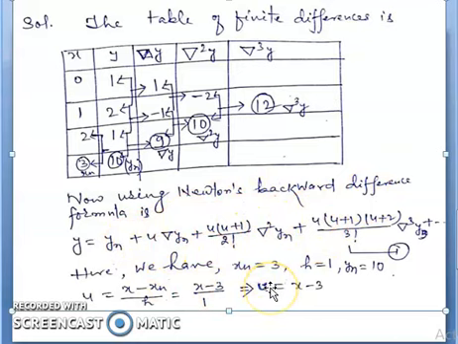And we have the following values, that is xn, h, yn equal to 10, and u is x minus 3.